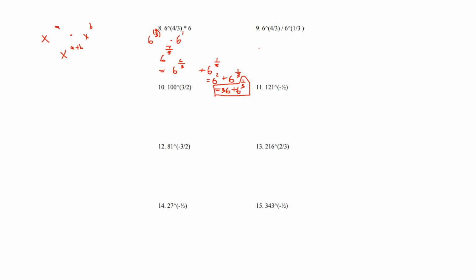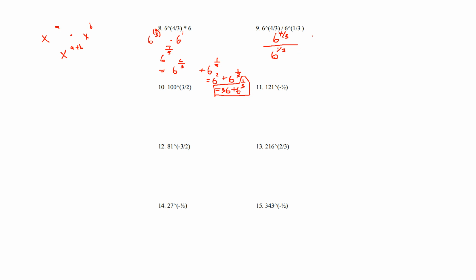Okay, number 9 is a bit similar because here it's 6 to the power of 4 over 3, over 6 to the power of 1 over 3. And just like before, you could use an exponent operation to simplify this and make this easier.